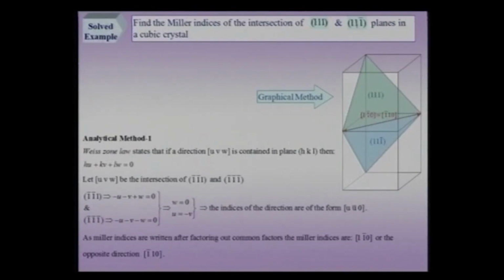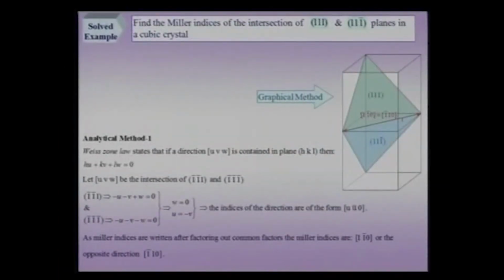Now we have to remember that when I am talking about a 1 1 1 plane, I am talking about a set of planes, but still I have to make sure that I consider the appropriate plane, not a parallel translation, so that they exist in the unit cell which I am describing, so that I can keep my intersection in the first unit cell.